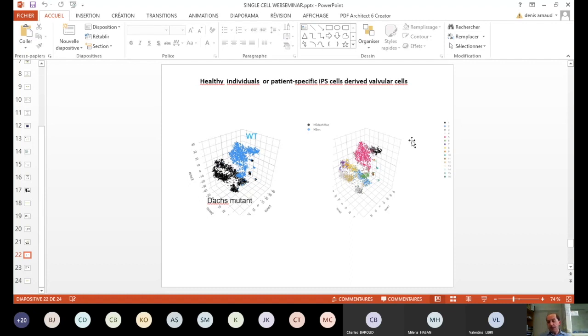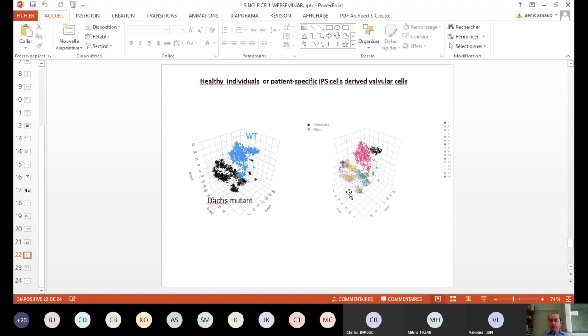And you see very easily that these cells separate very clearly in this tSNE plot. And when you see on the right the different clusters which belong to these two samples, wild type and mutant, you see that the wild types are in fact not so heterogeneous. There are only two main clusters, whereas the mutated ones are much more heterogeneous.